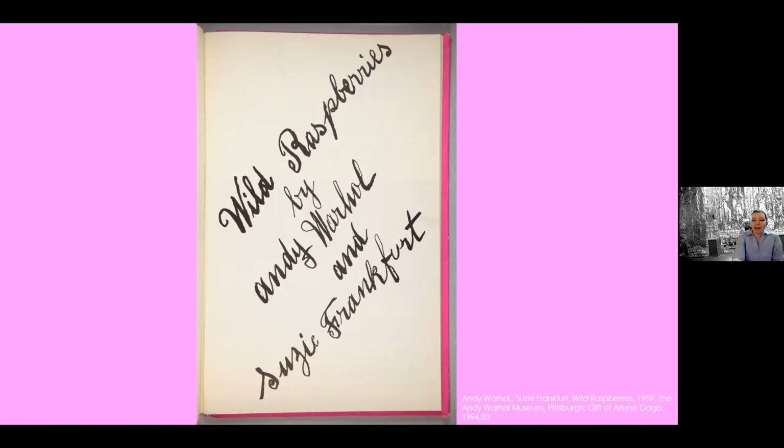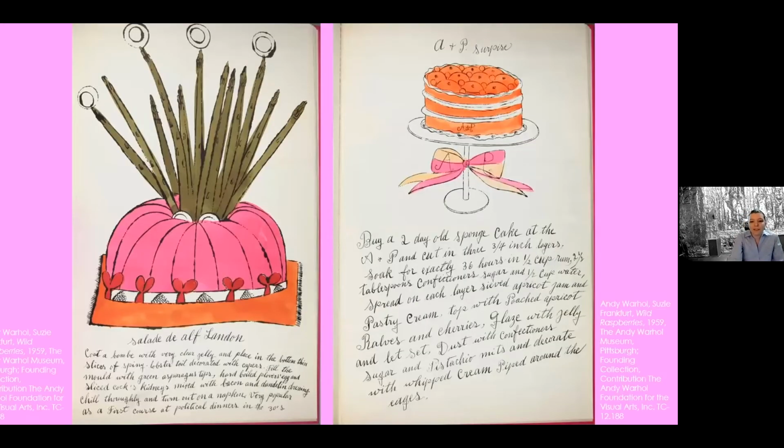And in 1959, they decided to work together on a parody cookbook called Wild Raspberries, which was a riff on the film Wild Strawberries by Ingmar Bergman, which was very successful at the time. So it's a really funny cookbook because it's made for people who don't cook.